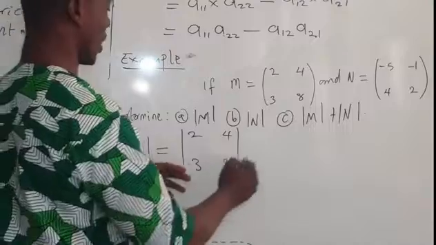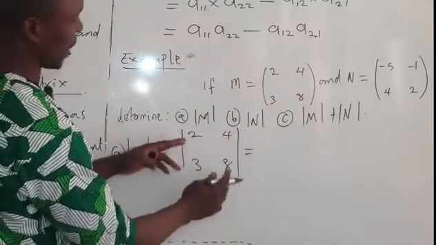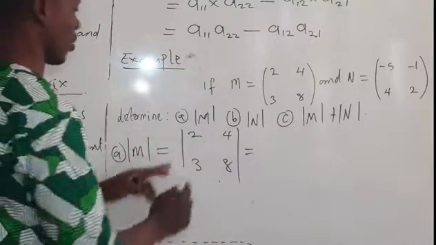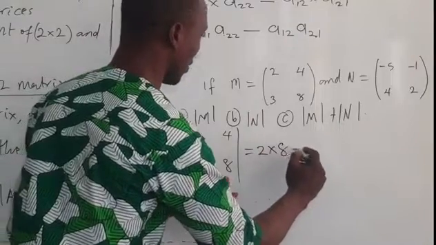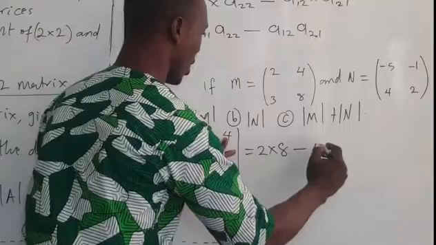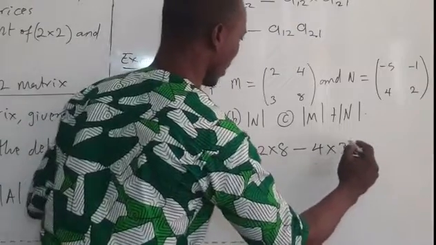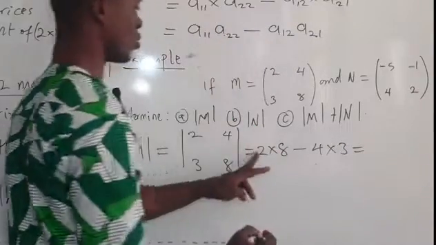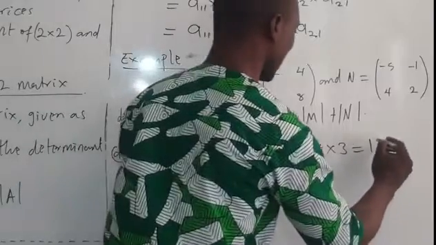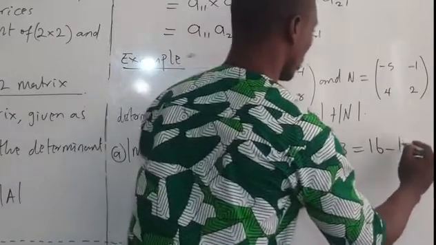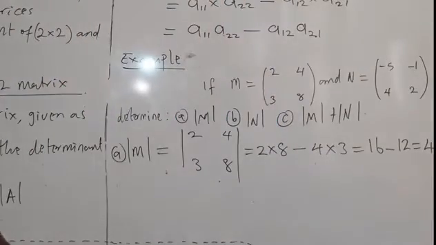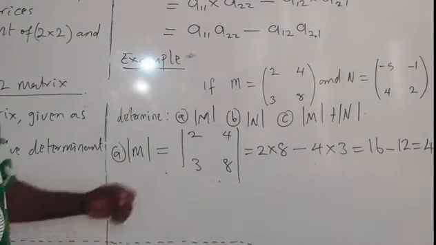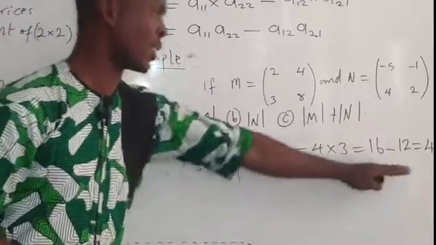So we multiply the elements in the principal diagonal, 2 multiplied by 8, then minus 4 multiplied by 3. That is 16 minus 12, which gives us 4. So the determinant of matrix M is 4.